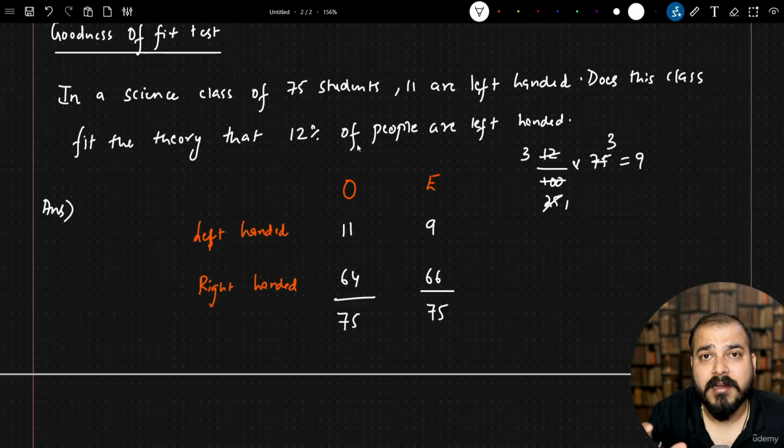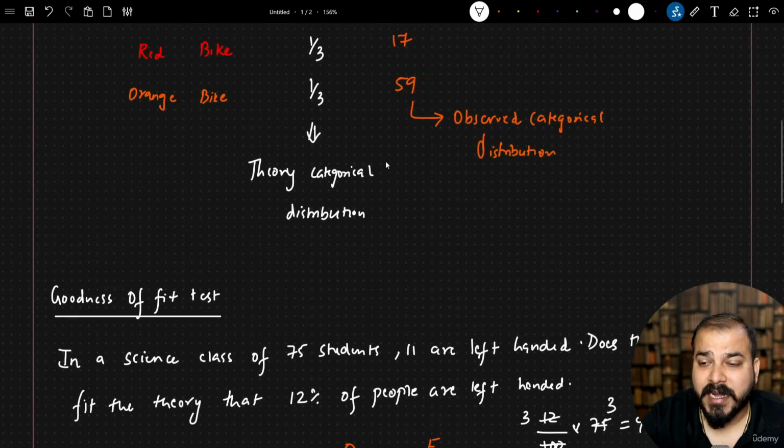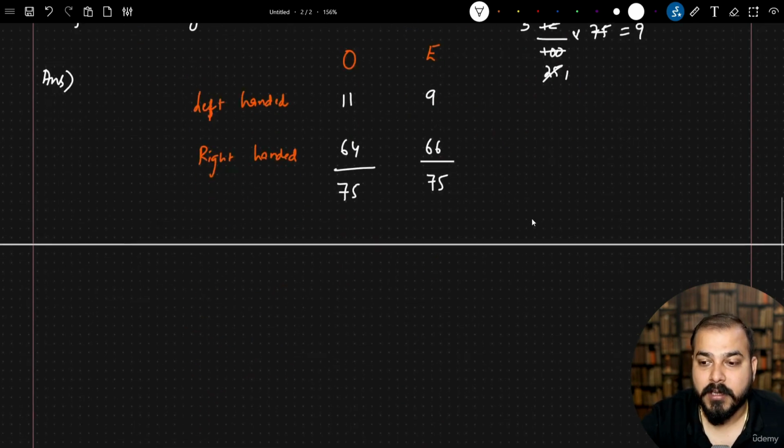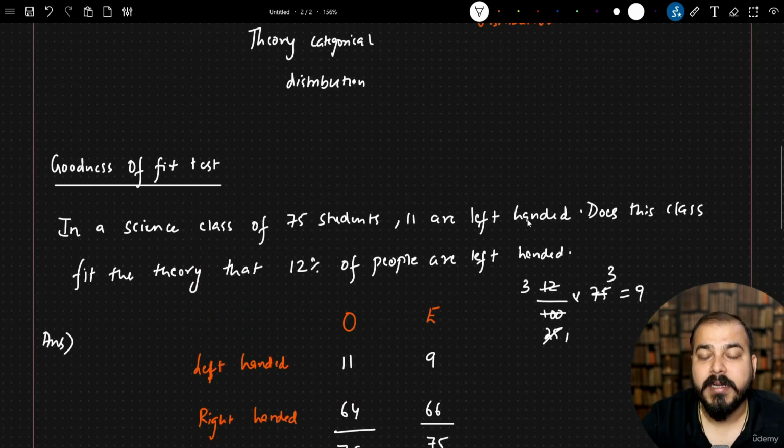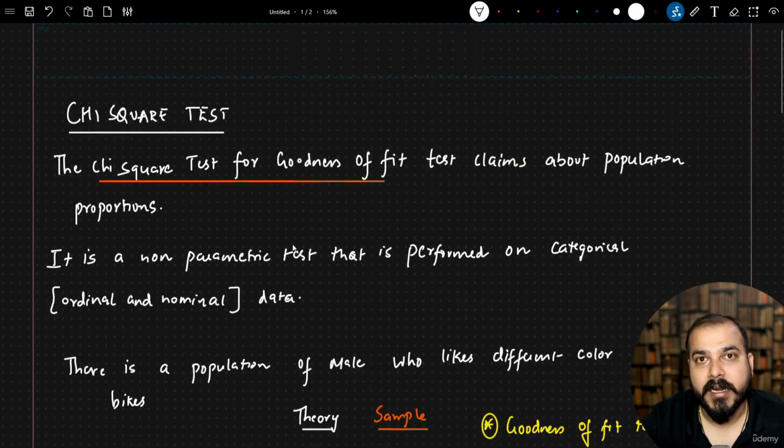In short, whenever we talk about the chi-square test, we are comparing two categorical distributions: the theory categorical distribution and the observed categorical distribution. I hope you understand the chi-square test and what exactly the goodness of fit test is. In the next video we'll solve a problem, and after that we'll also see how to do it with the Python programming language. So yes, this was it from my side. I will see you all in the next video.